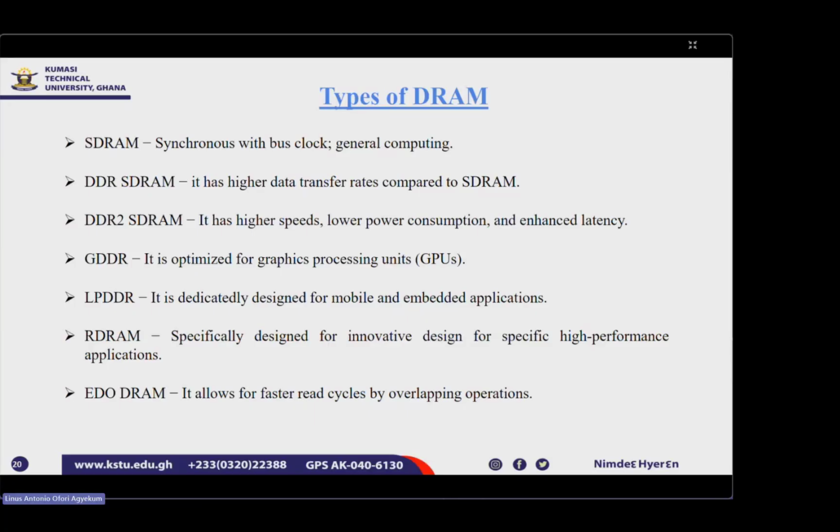Then we have the DDR SDRAM. It has higher data transfer rates compared to the SDRAM. Then we have the DDR2 SDRAM, which has higher speed, lower consumption, and enhanced latency.